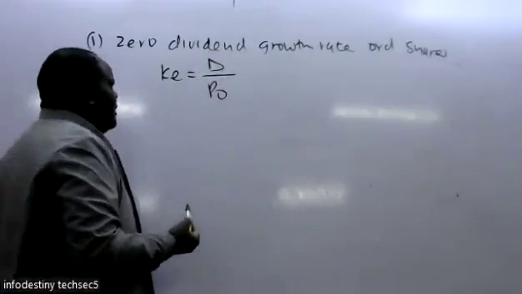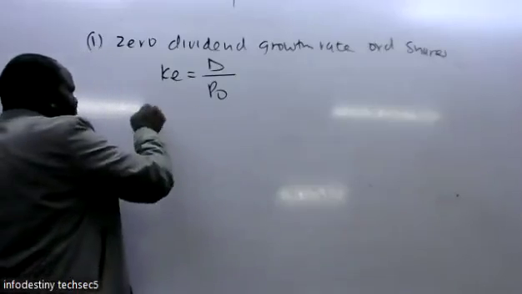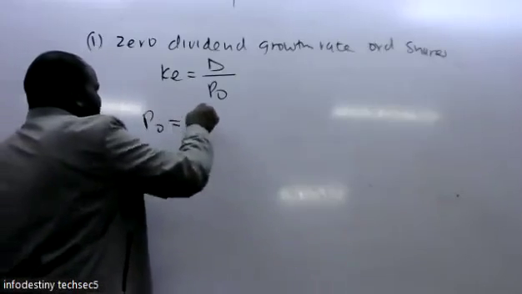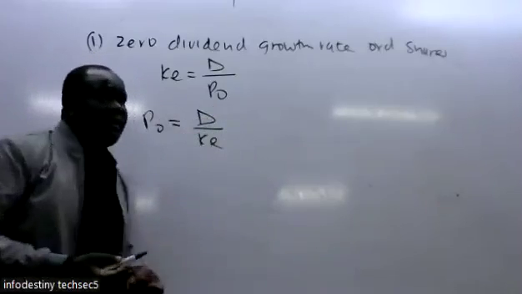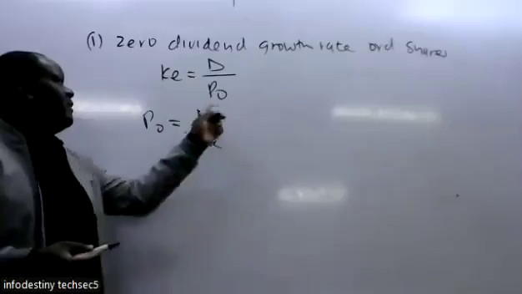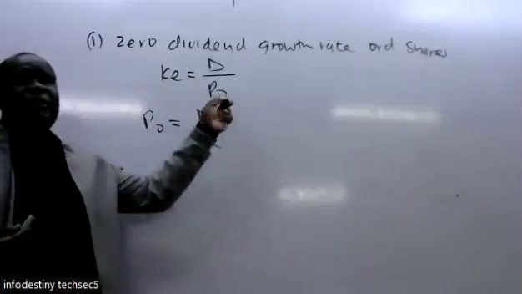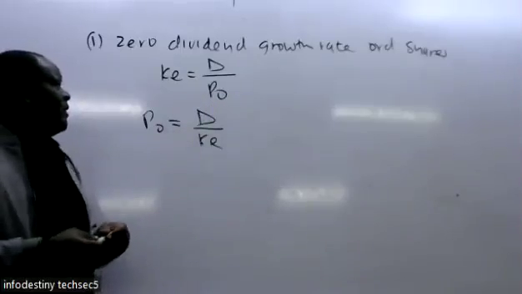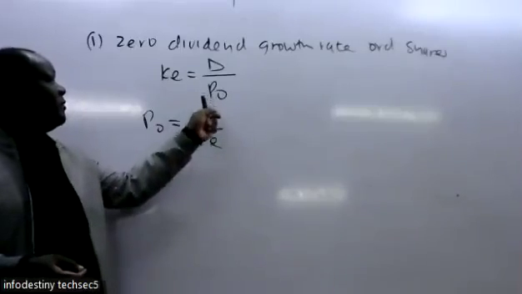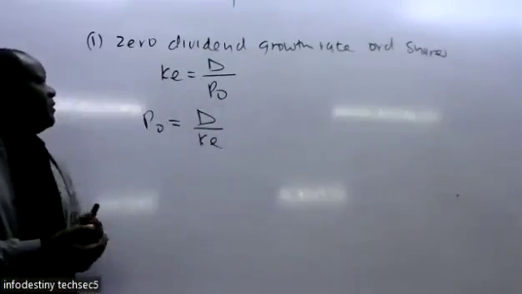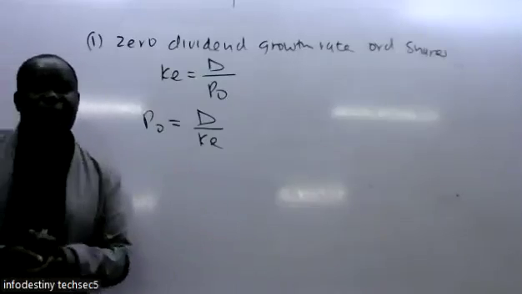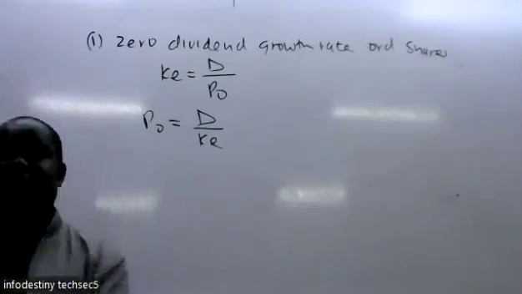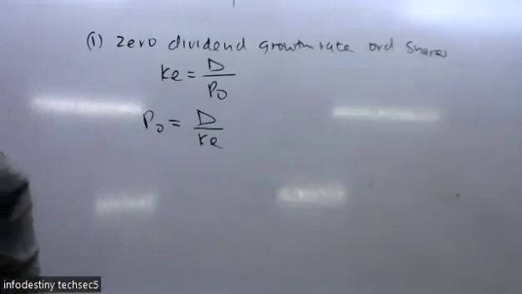So making PO to be the subject will simply be given by D divided by KE. PO is the value of the share. So this is now the value for that ordinary share, just in case they ask you to get it, but in most of the cases, that one is not there.